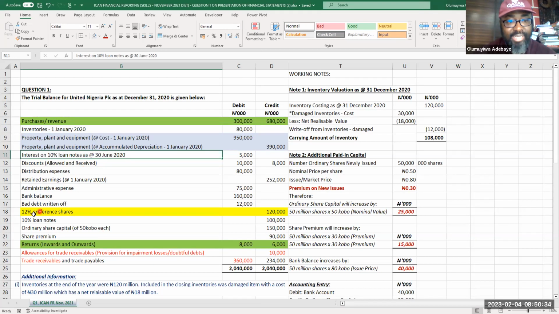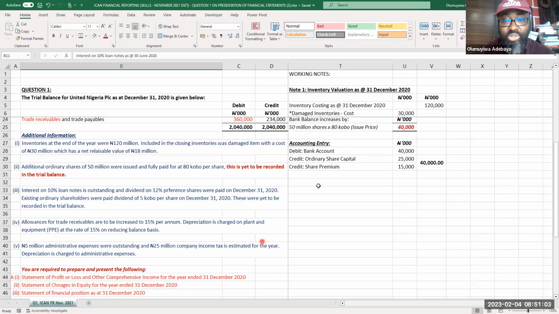And we are also aware that the loan has not been paid, which means that we have not yet accrued for our interest for the last 6 months. Probably because it has not been paid, that's why we have not accrued. But accrual principle requires you to more or less recognize your expense when it is incurred and not necessarily when it is paid. And likewise, recognize your income when it is earned and not necessarily when it is received.